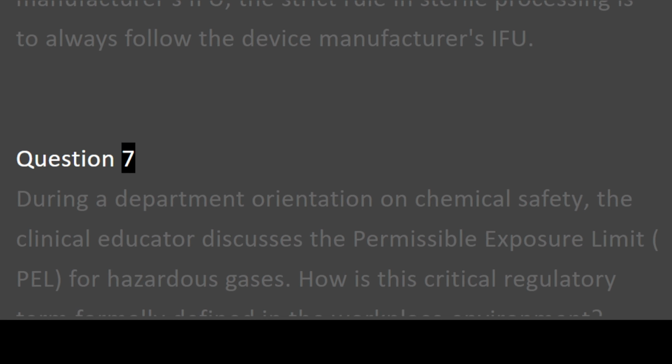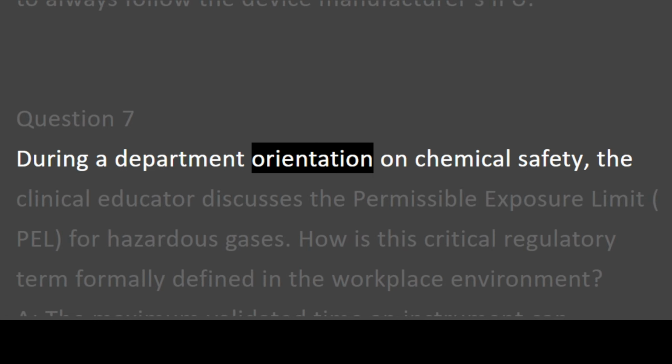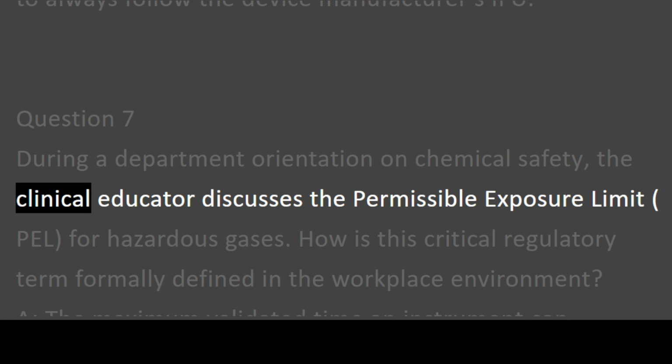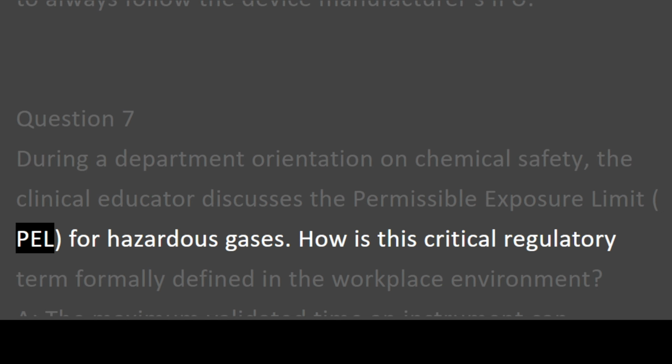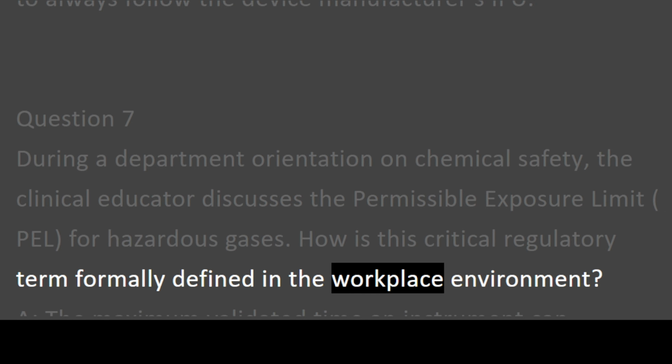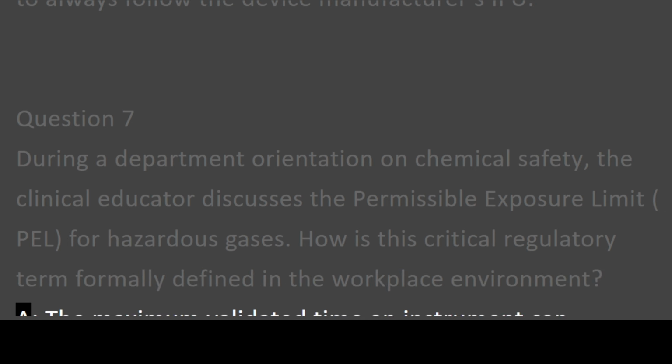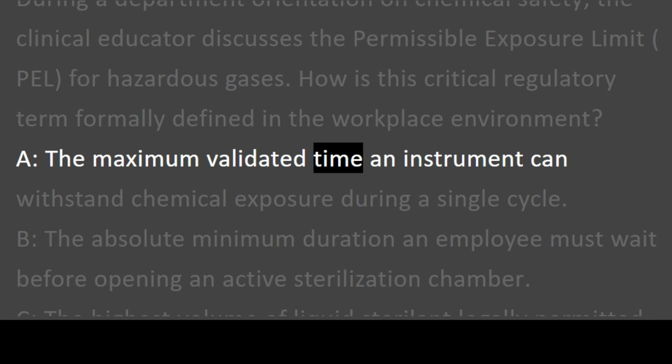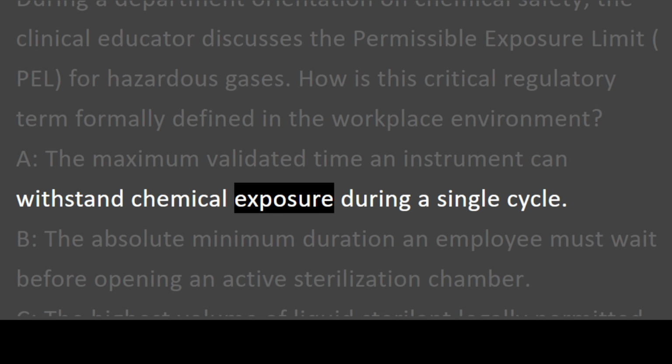Question 7. During a department orientation on chemical safety, the clinical educator discusses the permissible exposure limit, PEL, for hazardous gases. How is this critical regulatory term formally defined in the workplace environment? A. The maximum validated time an instrument can withstand chemical exposure during a single cycle.